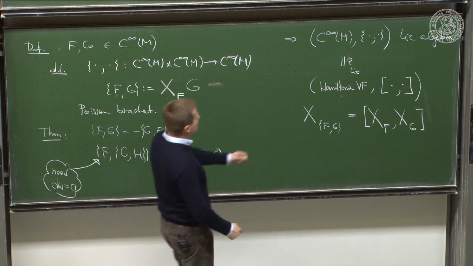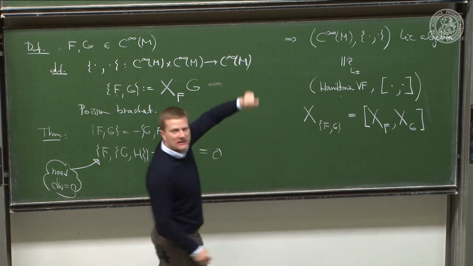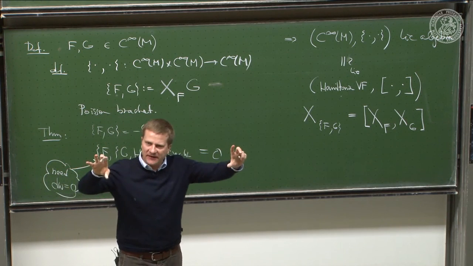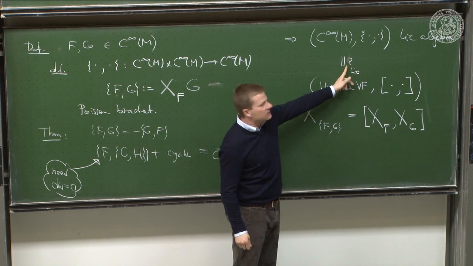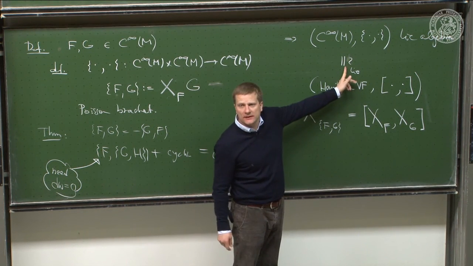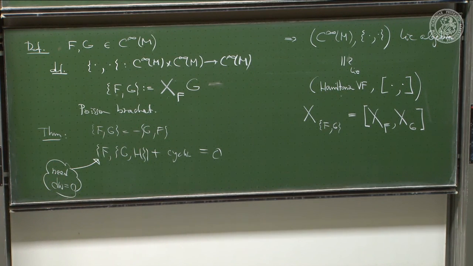So it's the X map, that associates with every observable in C infinity(M) a vector field, that is exactly this Lie algebra isomorphism, right? Yes. Okay, so that's this bit.